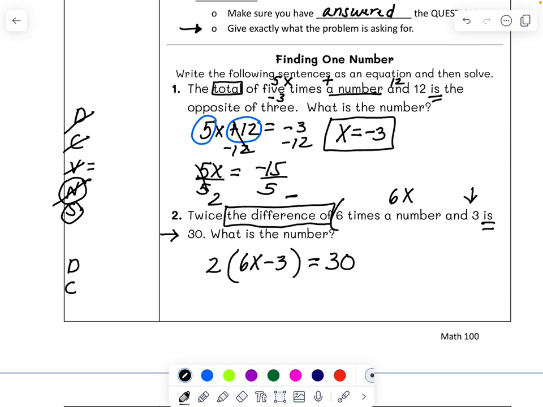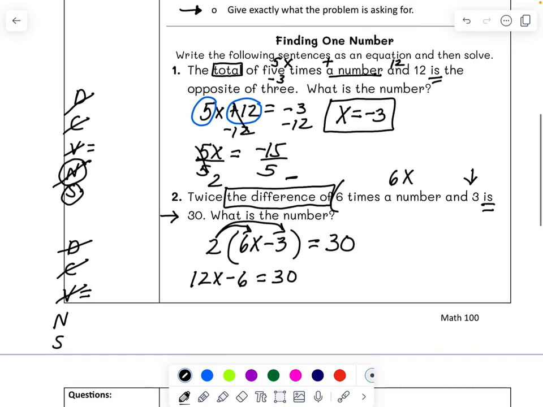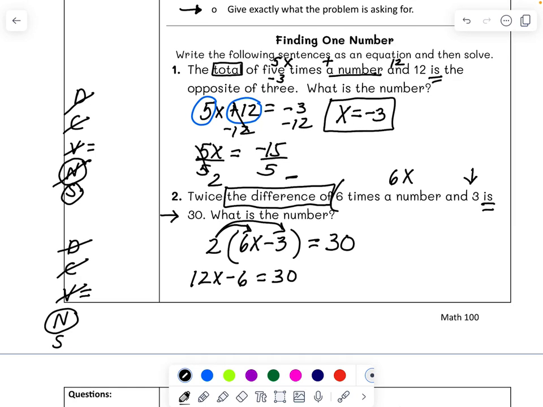Remember, distributive, combine like terms, variable, numbers, solve. We definitely have distributive because we have parentheses. So 12x minus 6 equals 30. We don't have any like terms. We don't have another variable. But remember, you're going to go to those numbers and get rid of this constant. So add 6. Add 6.